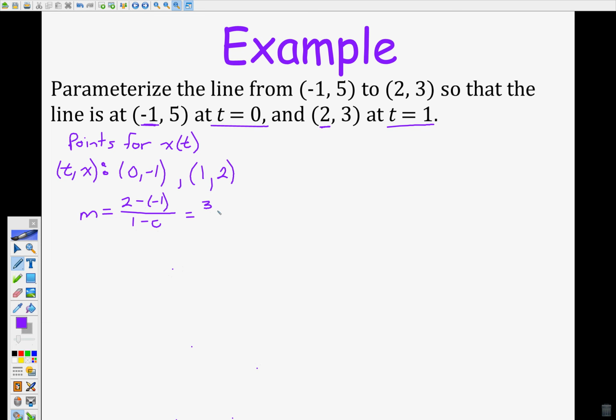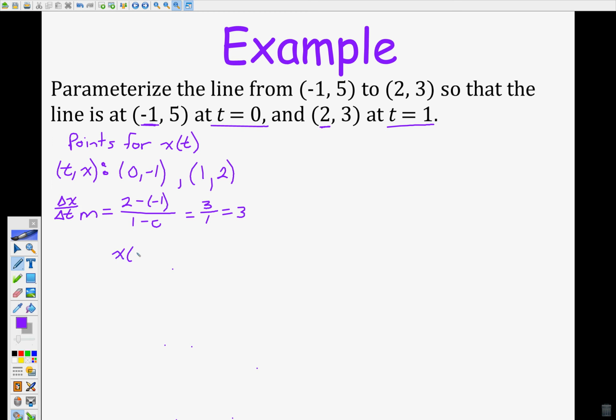So I get 3 over 1, which is 3. In this case, my slope is the change in x over the change in t. That's my slope this time. I'm going to put these into point slope form.